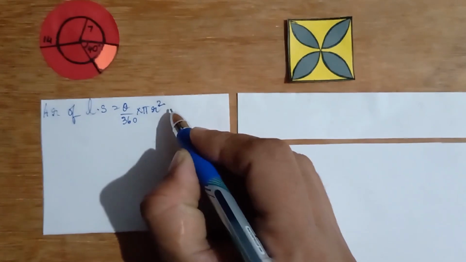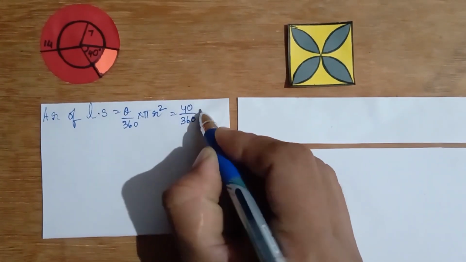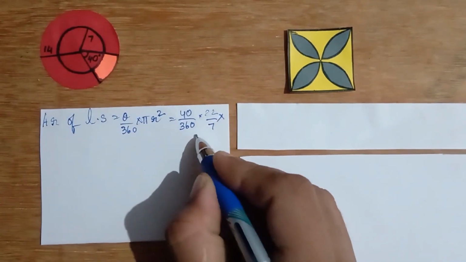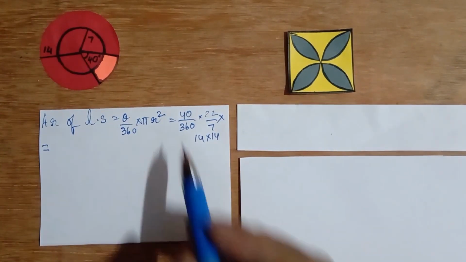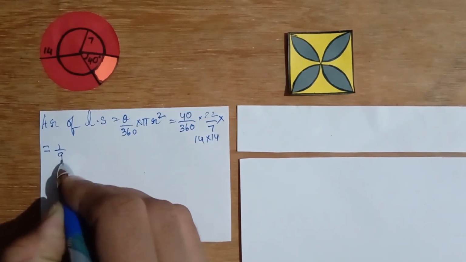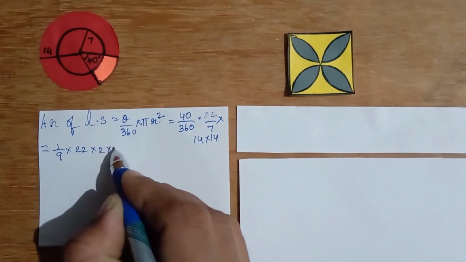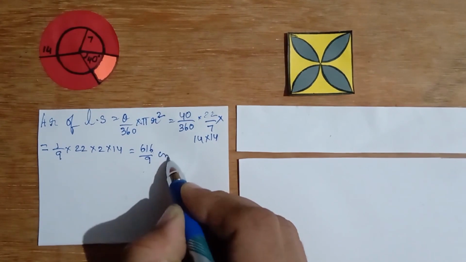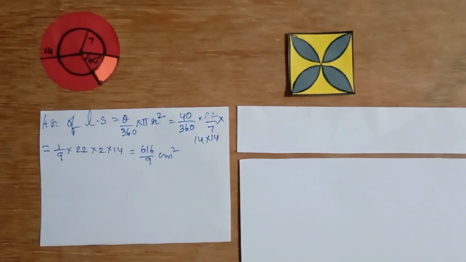It is 40 by 360 into pi is 22 by 7. Radius is 14. 14 into 14 is equal to 1 by 9 into 22 into 2 into 14. It is 616 by 9 centimeter square. Therefore, area of large sector equals 616 by 9 centimeter square.